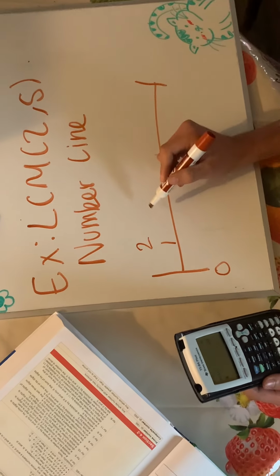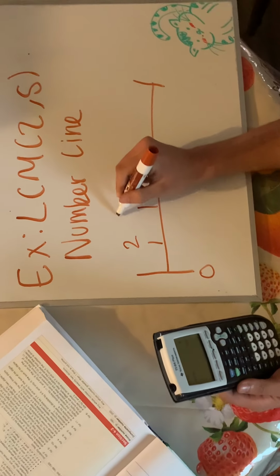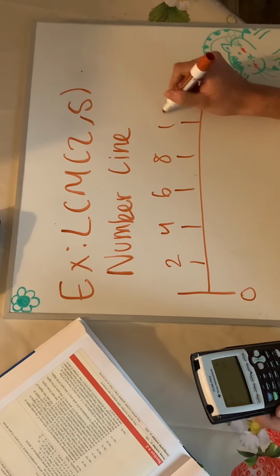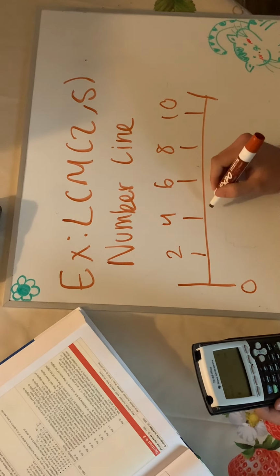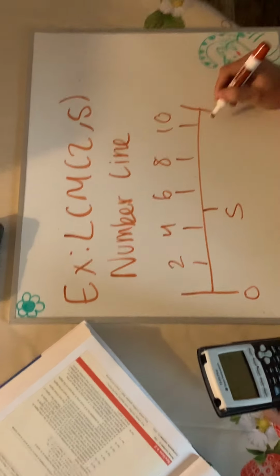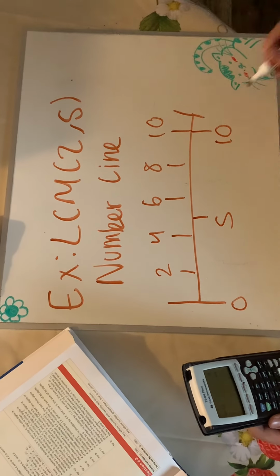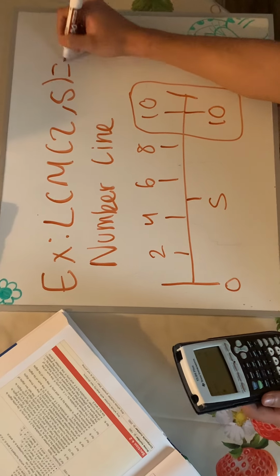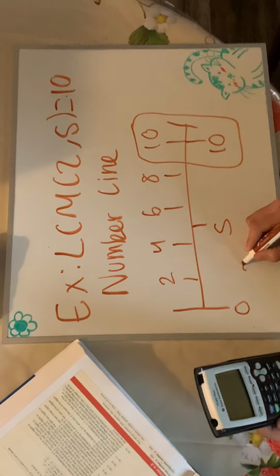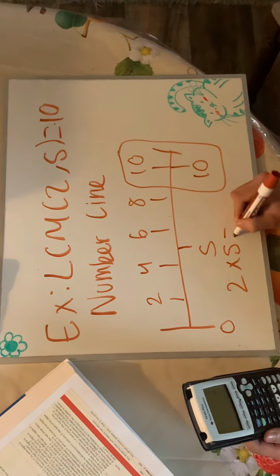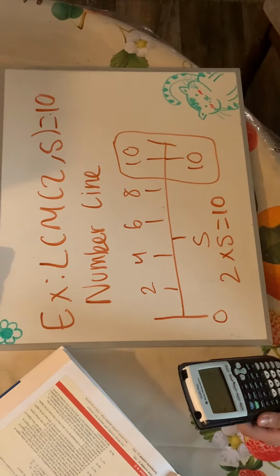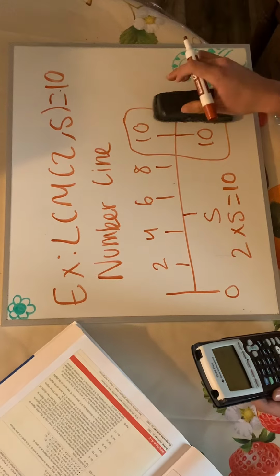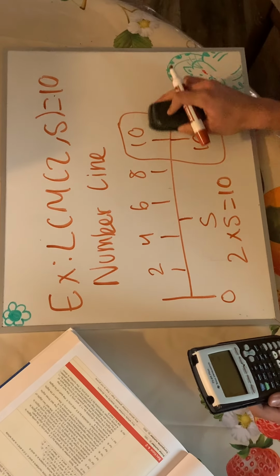So 2, 4, 6, 8, 10. Now the 5. So that's 5 and that's 10. Okay, the LCM for this one is 10, and if we multiply 2 times 5, it's 10. So 2 and 5 will work for this one, but not 4 and 16.